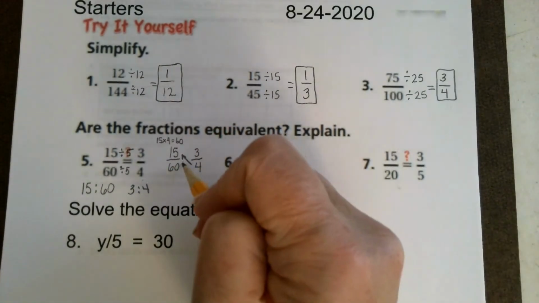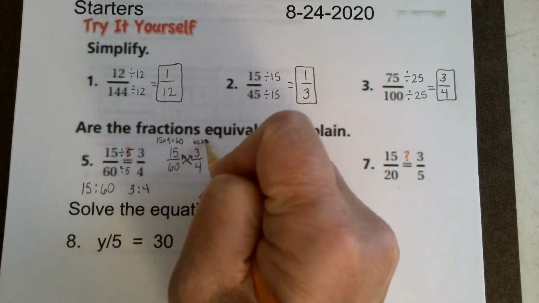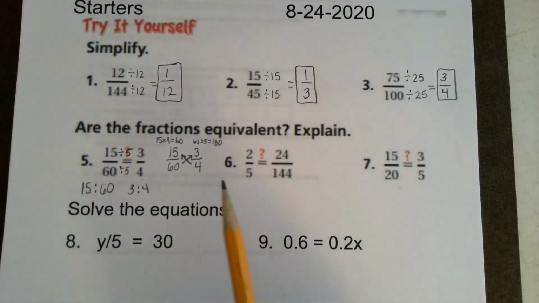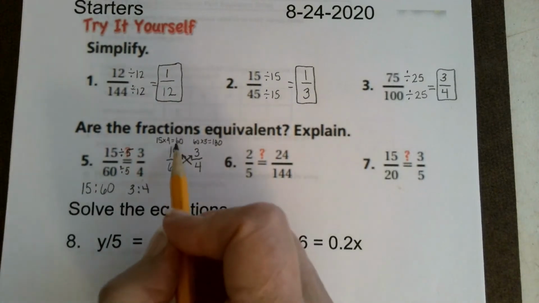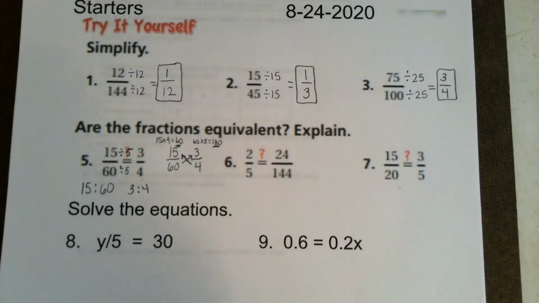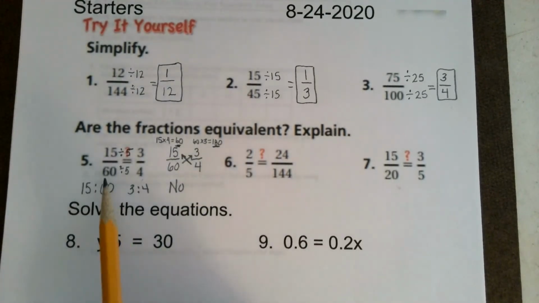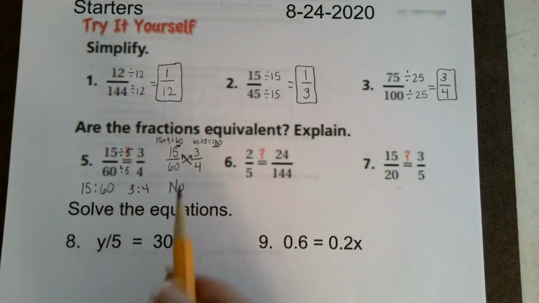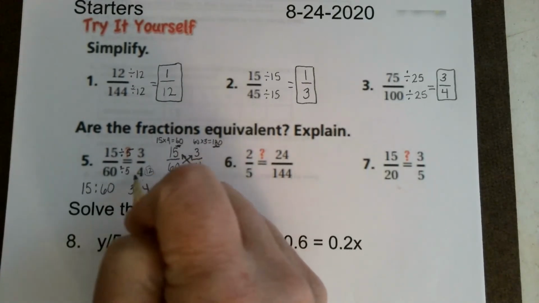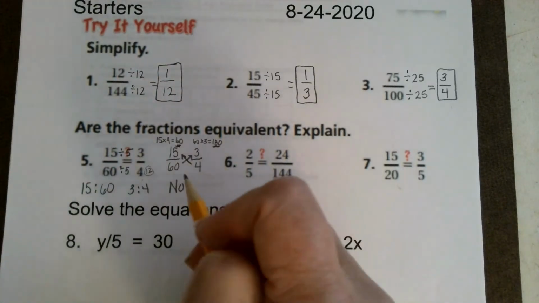And then if you cross multiply 60 times 3, that's 180. If when you cross multiply, those numbers are not the same, and in this case they're not, one of them is 60 and one of them is 180, they are not equivalent. So if you divide 60 by 5, that would equal 12, not 4. So that is not true. Therefore, those are not equivalent.